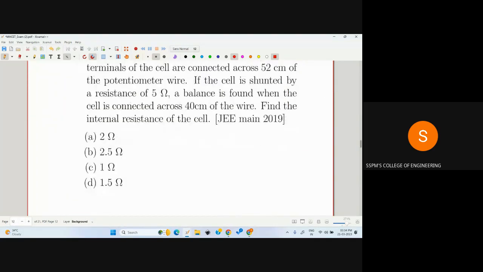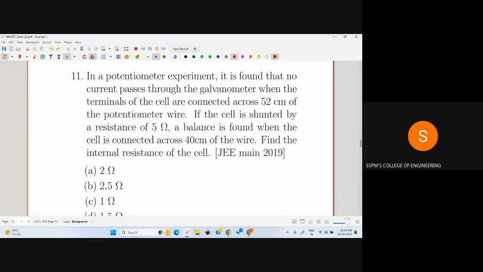The next example, the 11th example, is very simple. It's based on the potentiometer experiment. In a potentiometer experiment, it is found that no current passes through the galvanometer when the terminals of the cell are connected across 52 centimeter of the potentiometer wire.